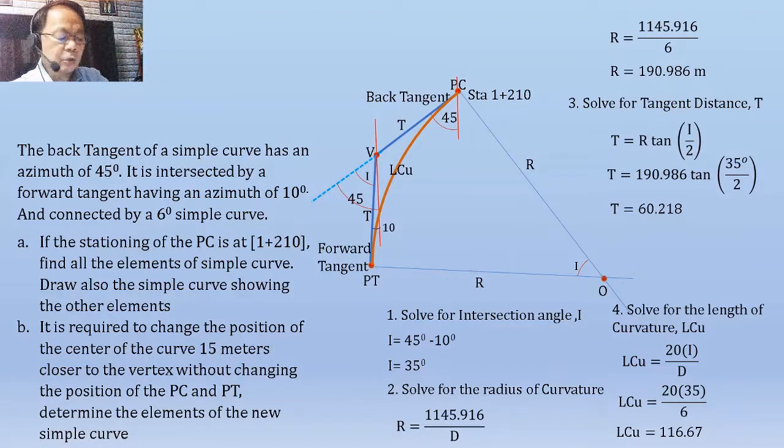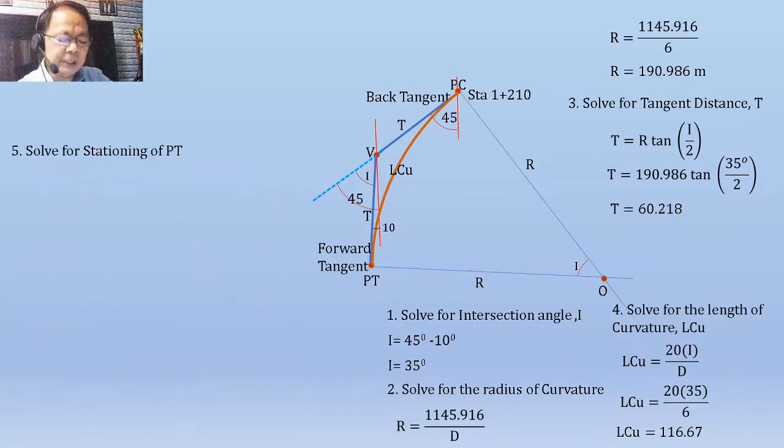Now after we have computed our length of the curvature, what shall we solve next? We can solve for the stationing of our PT, the stationing of this end of the curvature. And how do we solve for the stationing of the PT? We can solve for it by simply adding to the stationing of the PC the length of the curvature.